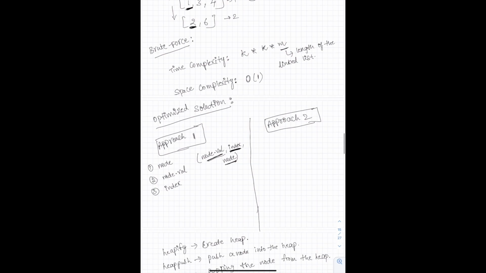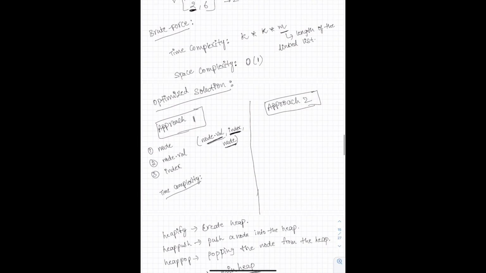So what will be the time complexity of this one? When we pop an element from the heap, the heap realigns itself to store the min value at index position 0.